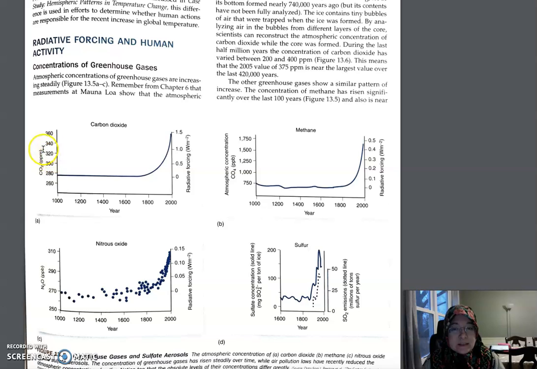This side is the concentration of the gas, and this side is radiative forcing. Remember, radiative forcing is how much energy is trapped in the Earth's atmosphere due to greenhouse gases, and due to carbon dioxide this much energy is trapped.